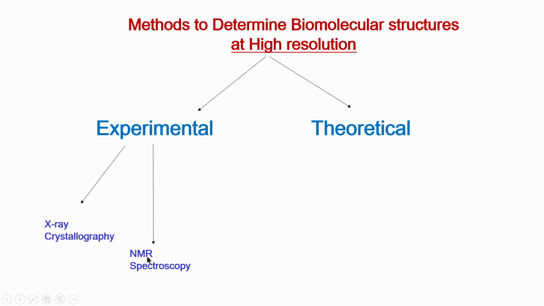The second approach, which we are going to look at, is NMR spectroscopy. An important difference between X-ray and NMR is that in X-ray you need crystals of the protein. Many proteins do not crystallize, so for those you have to use NMR spectroscopy only, you cannot use X-ray. But the disadvantage of NMR is the size.